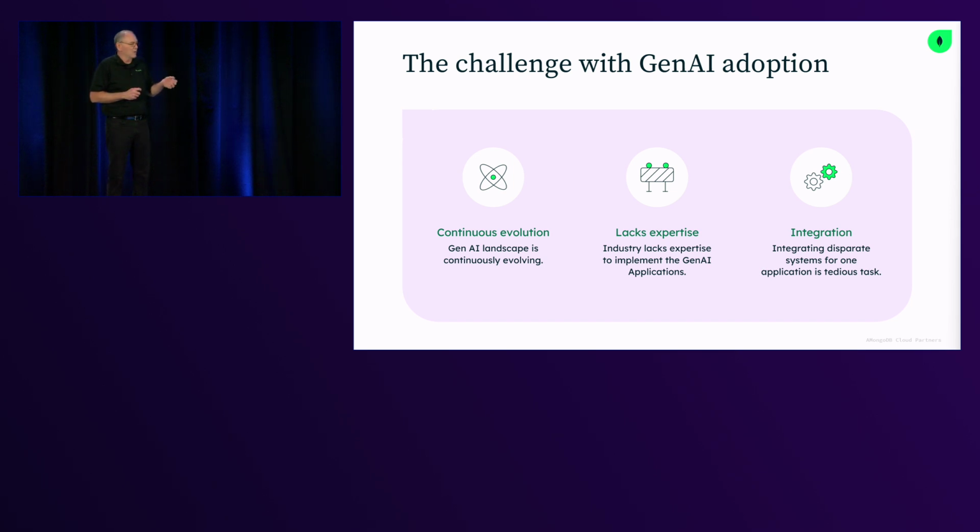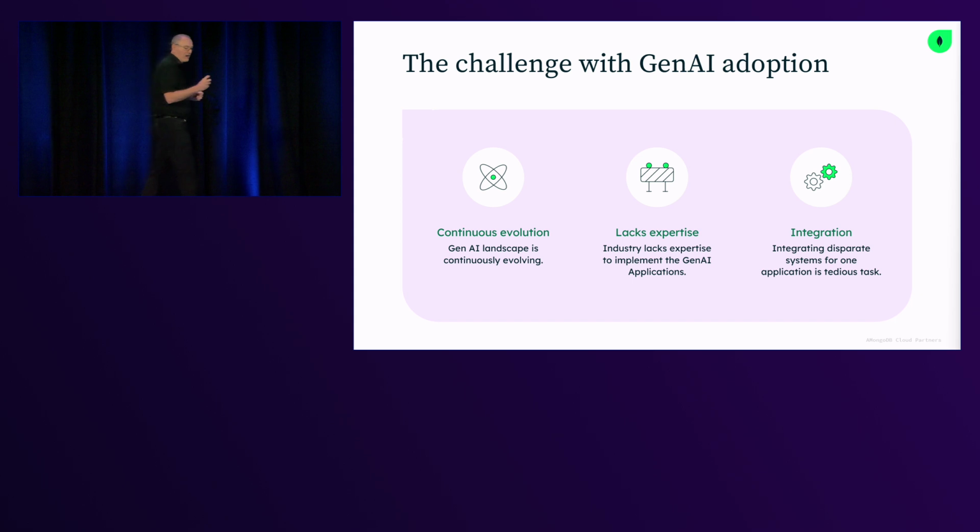Every day there's more features, more functions, more tooling, evolution of the technology, and we lack the expertise internally to be able to build these pipelines and connect all of these technologies to create these ML pipelines. So integrating these disparate systems is really the reason why blueprints make the most sense. Because we can take tools that are connected, create pre-built ML pipelines for meaningful purposes, and redeploy those for our own use.